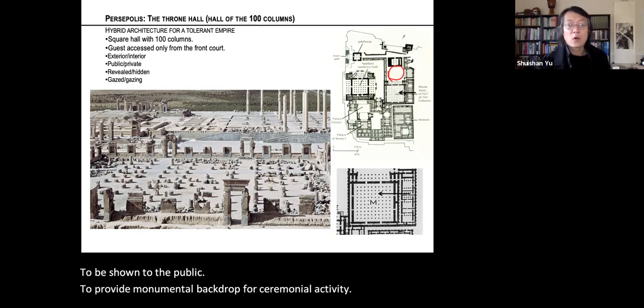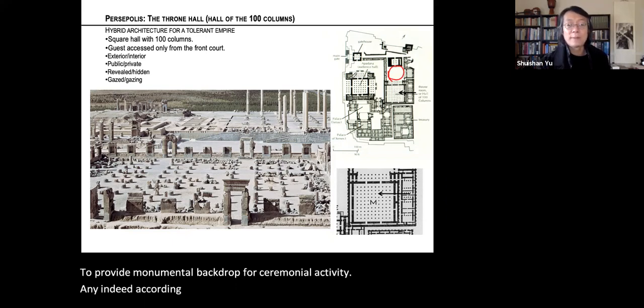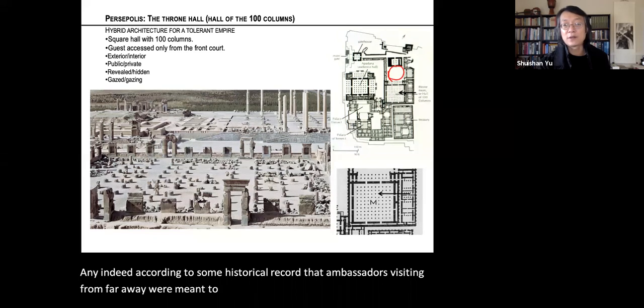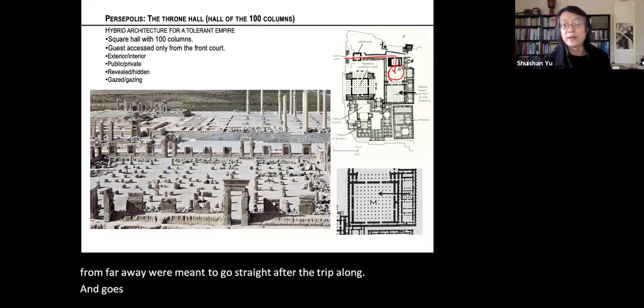And indeed, according to some historical records, ambassadors visiting from far away were meant to go straight after the tripylon and go directly into this courtyard and wait there to meet the king.